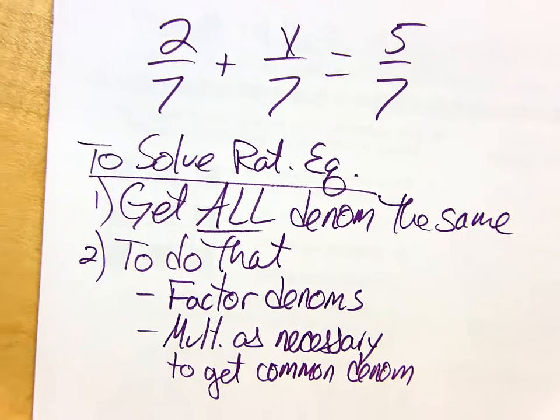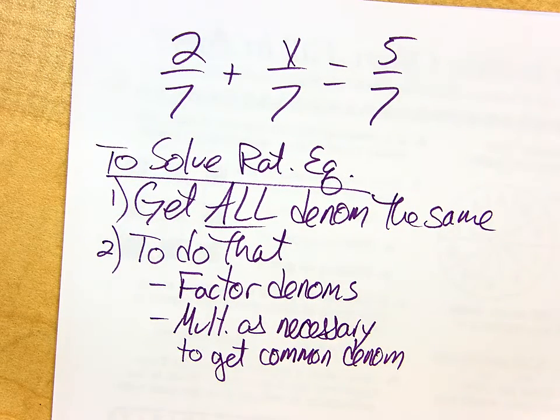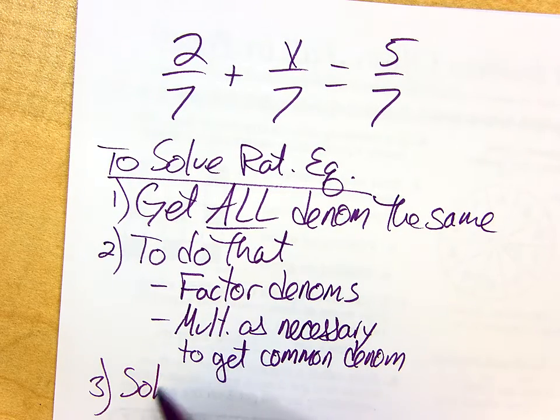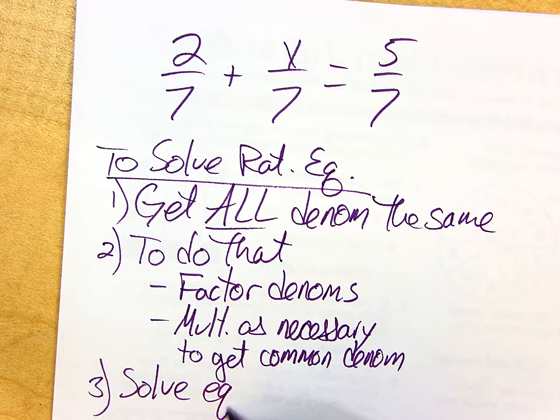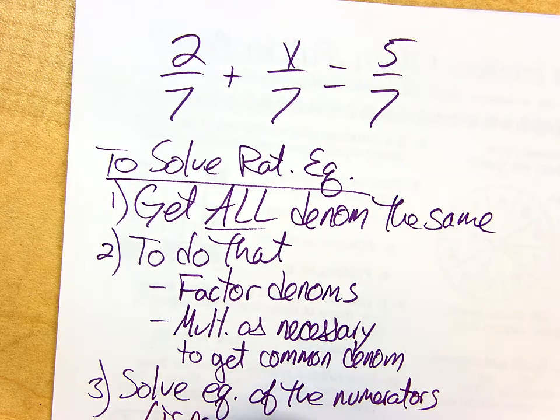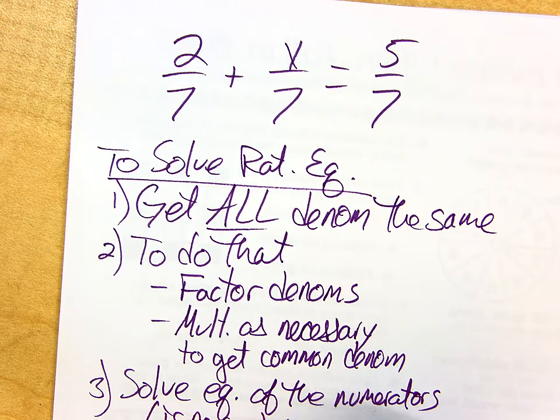And once you have those common denominators, you literally just ignore them. You're just going to solve the equation of the numerators. Ignore denominators.